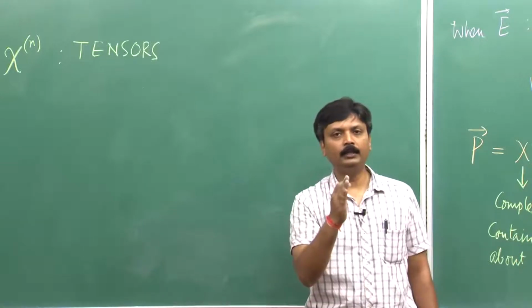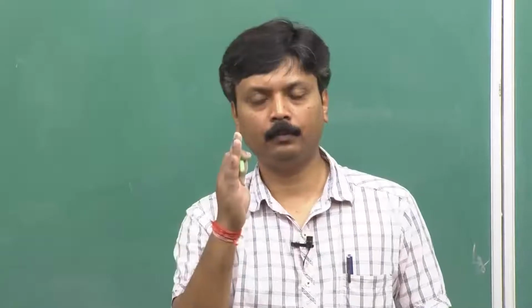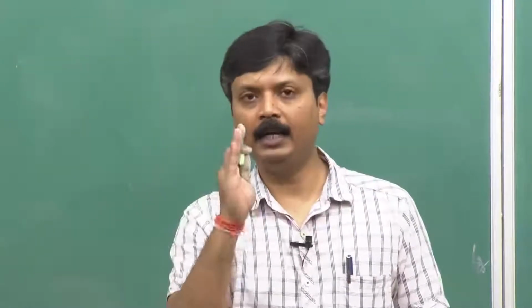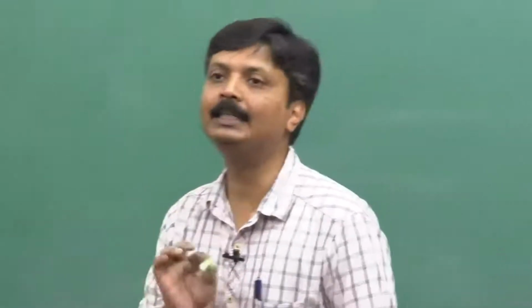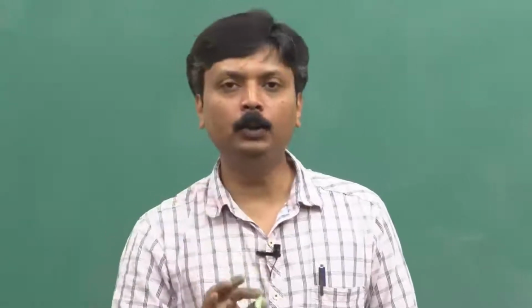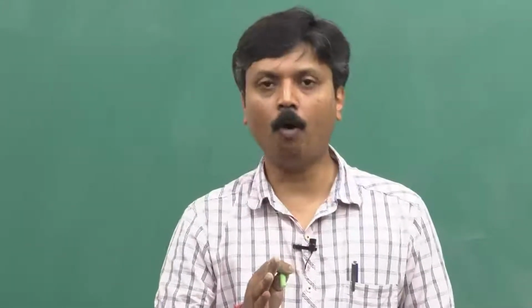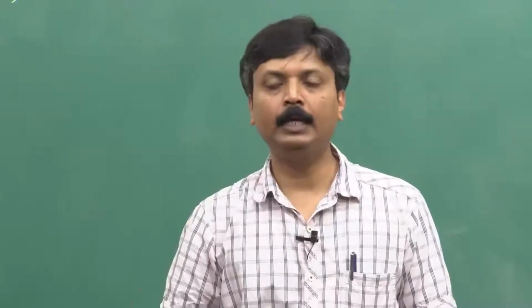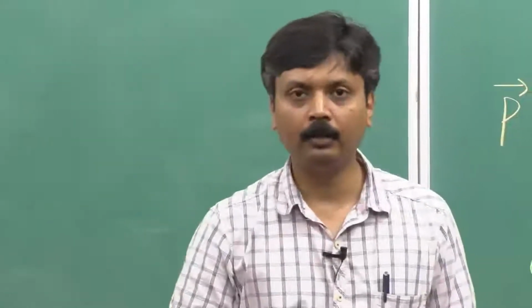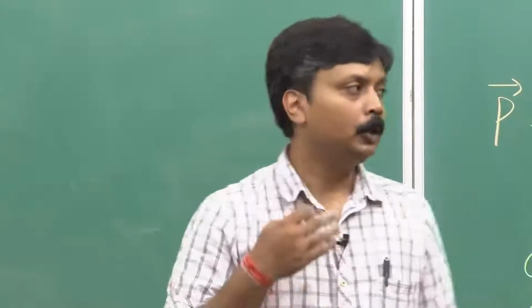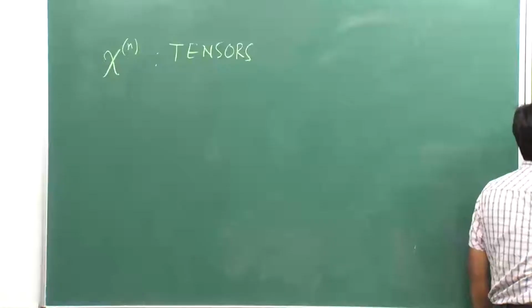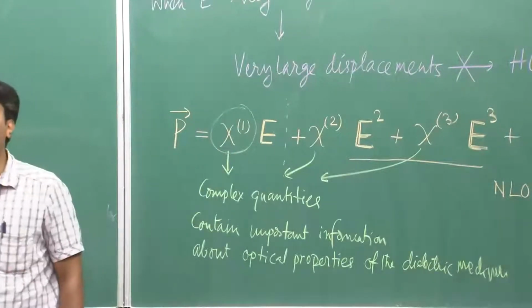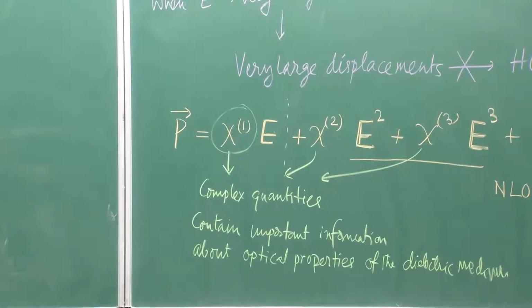My field is along the direction of this polarization, correct? Suppose I have an electric field in x direction, it is not necessary that it will induce the oscillation of electrons only along x direction. It can also induce oscillation of electrons along y or along z. That is why this chi, which dictates the polarization, is a tensor.